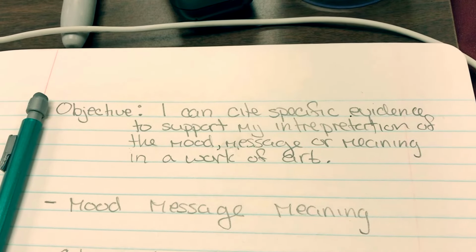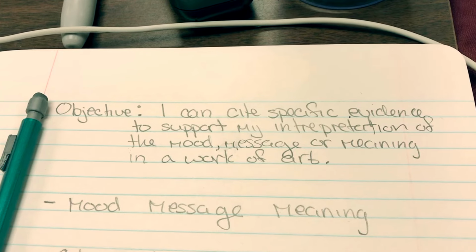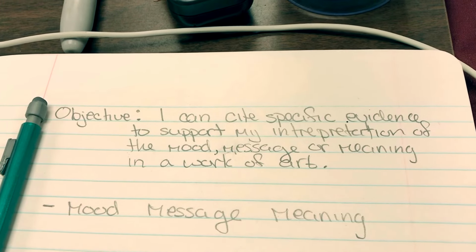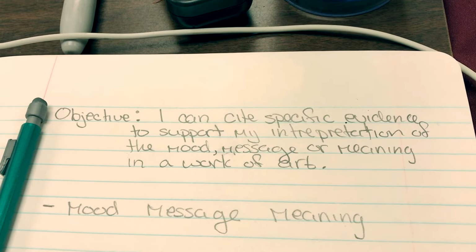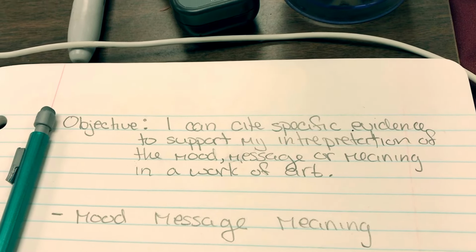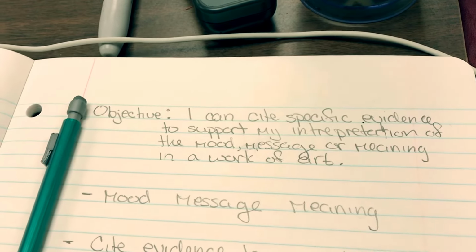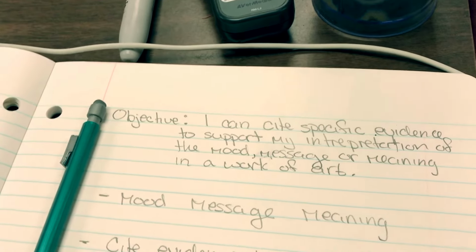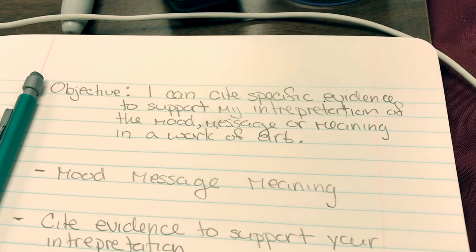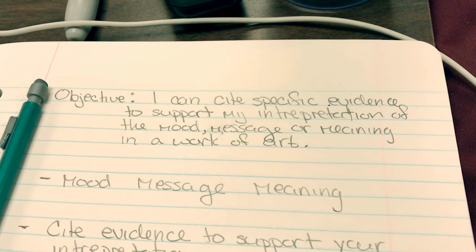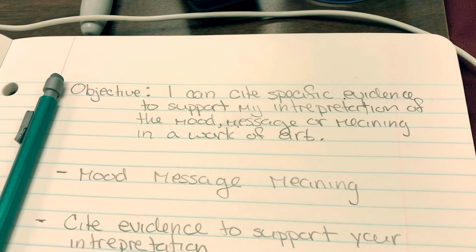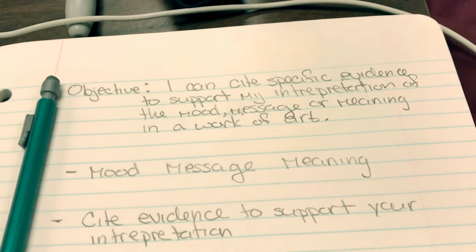A general mood, happy, sad, depressed, excited, nervous, or a whole story. And in order to succeed, you're going to need to think about what evidence you are going to include in your photograph to get your viewers to totally understand the mood or story that you're trying to communicate.